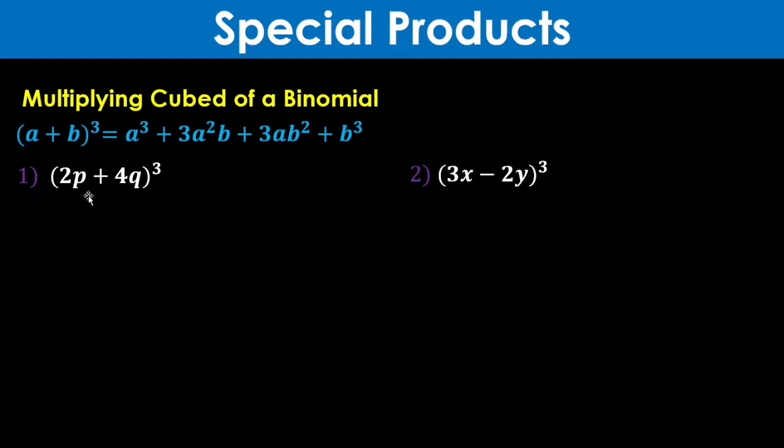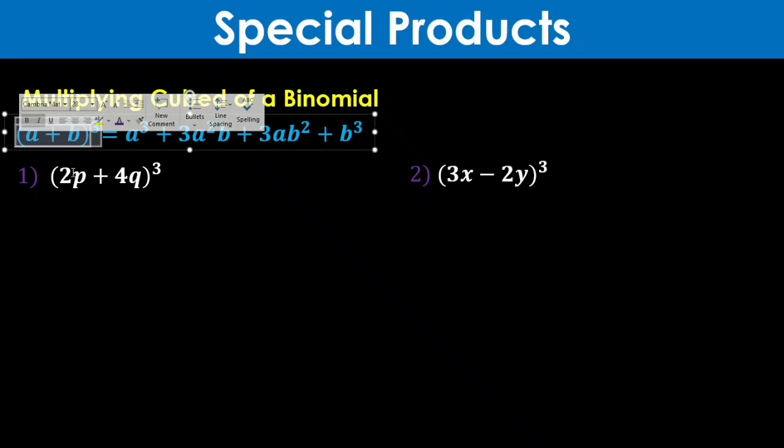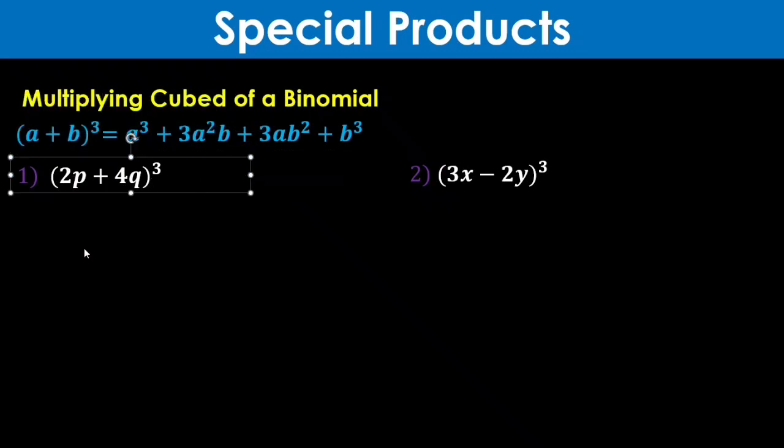So let's start from here. Let's look at the formula first right here. If you have (a plus b) to the cube, then that is just equal to a cubed. Now look carefully at the structure of the formula here.